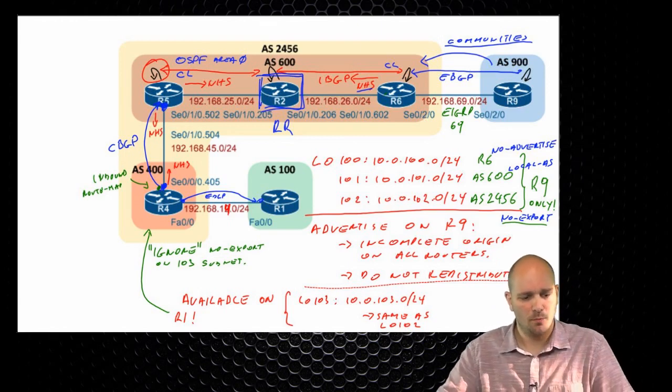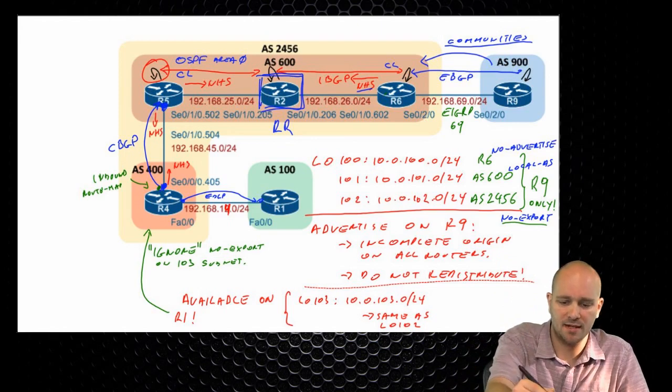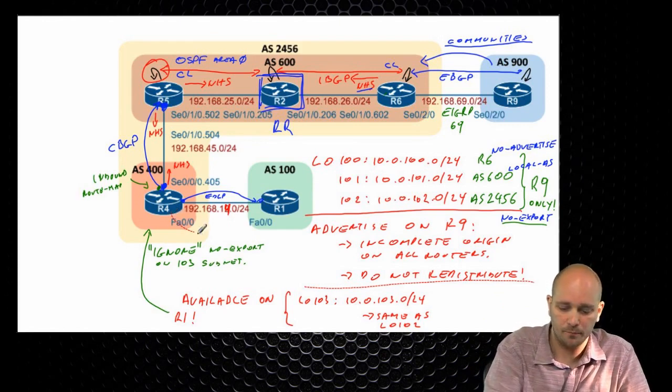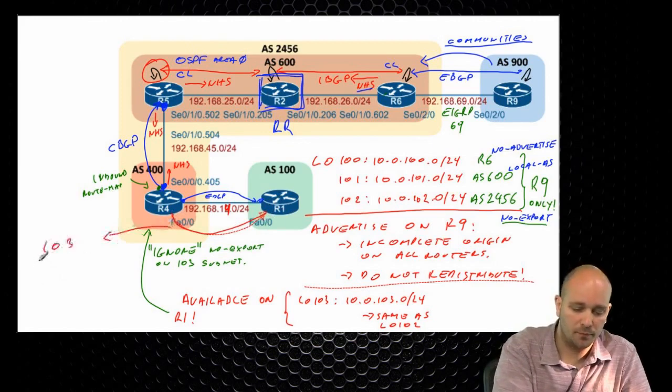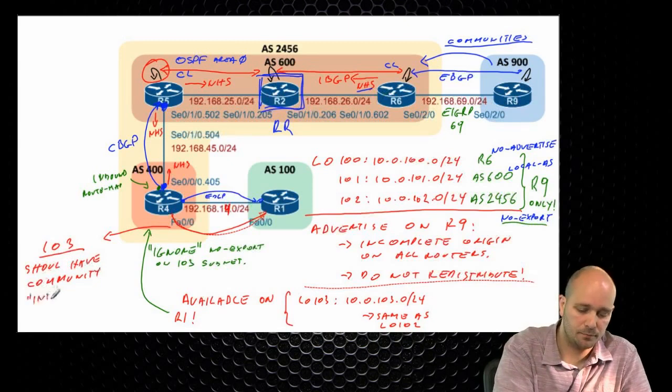at the example here. So another task. So let me clean this up just a little bit. Actually, not going to clean it up, going to add it here. Now, the next task is when advertising to R1, 103 network should have community internet set in addition to other communities.